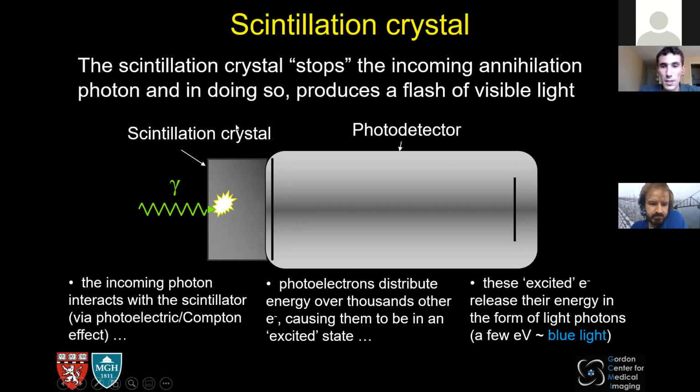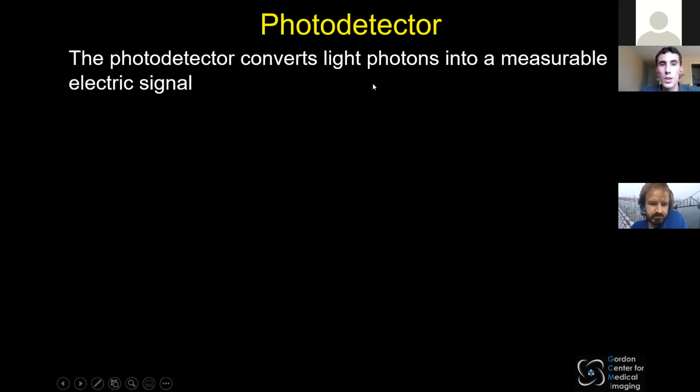So the second part of the detector is what we call the photodetector. The role of the photodetector is twofold: to convert light photons into electricity and then amplify that electric signal, okay?